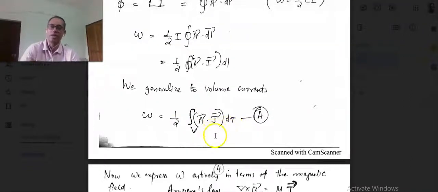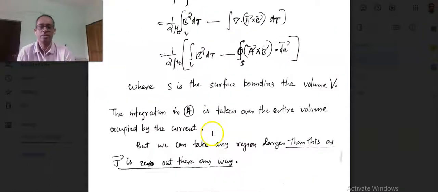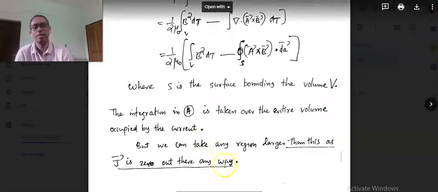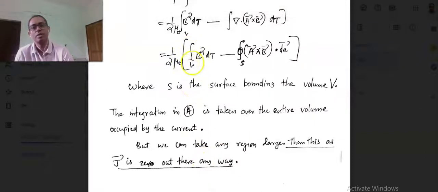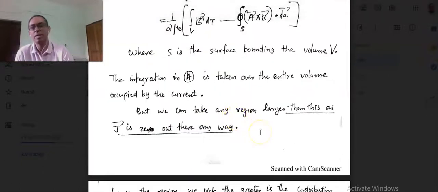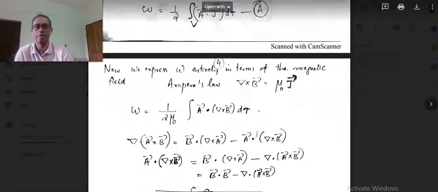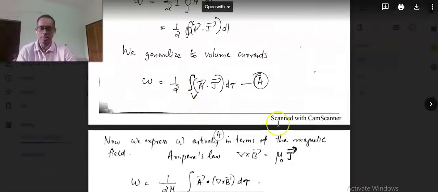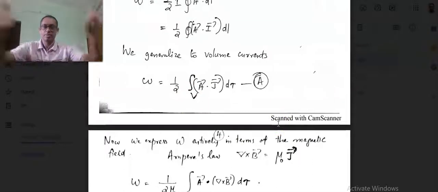Here the integration is carried out over the entire volume occupied by the current. So this integration here also is over the entire volume occupied by the current. But we can take any region larger than this.